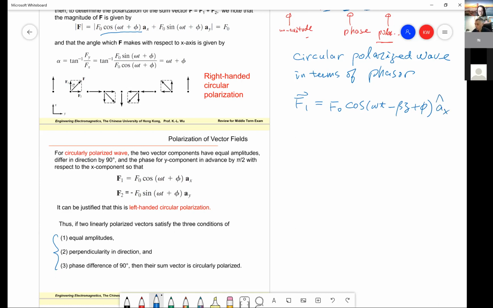We have another wave, which I also write in cosine, because that is the reference we measure the phase from. And this is sine, so this is minus pi over 2, polarized in the y direction. So this is the instantaneous form.